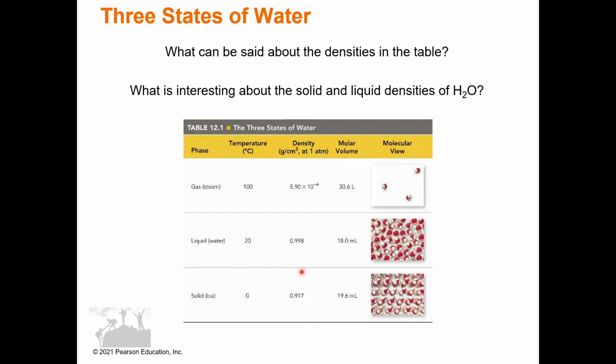But here you could see with the solid H2O, it's less dense compared to the liquid H2O. And that's because of how the H2O molecules are arranged in ice. And we're going to be looking at that later in this chapter.